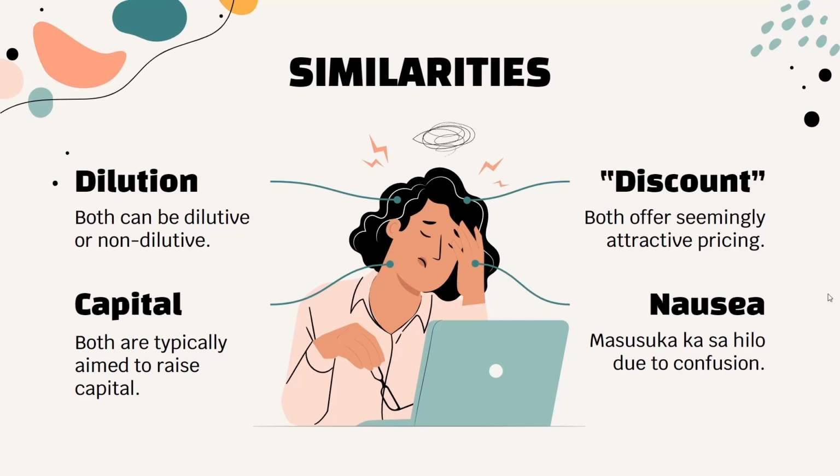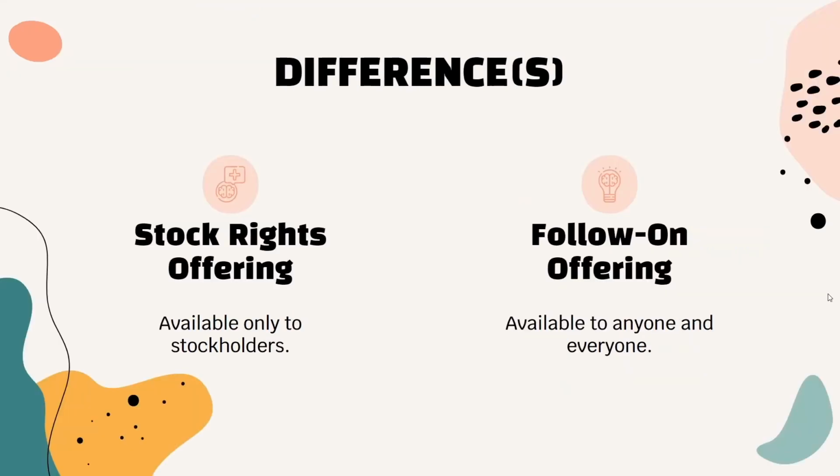Di ba? Now, ano naman yung differences nila? So, yung main difference nila, ang SRO is available only to stockholders. Okay, this is important. Kasi kung wala kang hawak ng specific stock na yon at nag-issue sila ng SRO, kung gustuhin mo mang bumili pero wala kang hawak prior to or on the X date, then wala kang mabibili na SRO. Wala kang mabibiling stock rights offering.